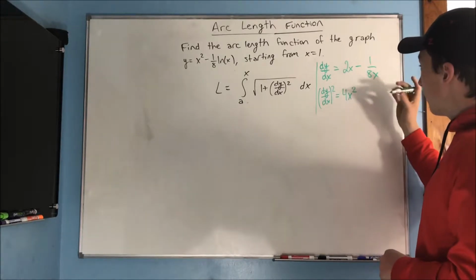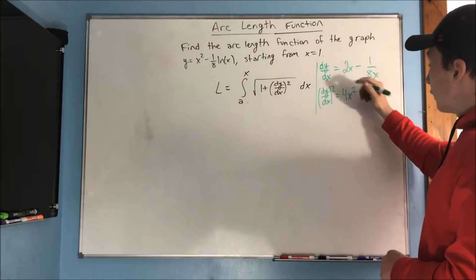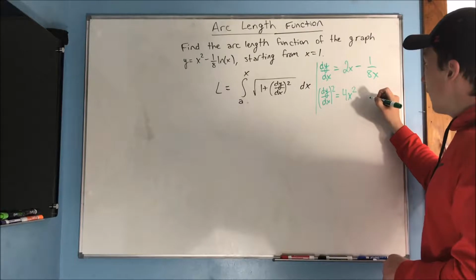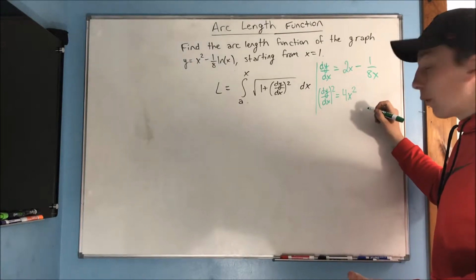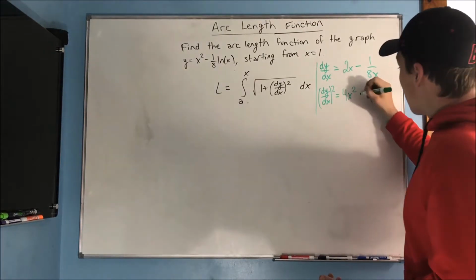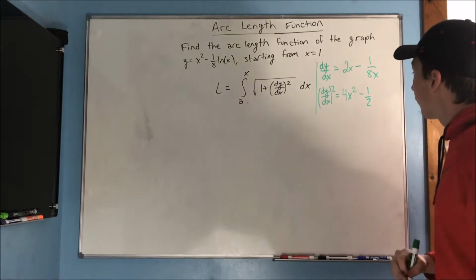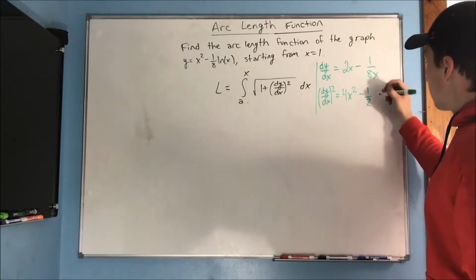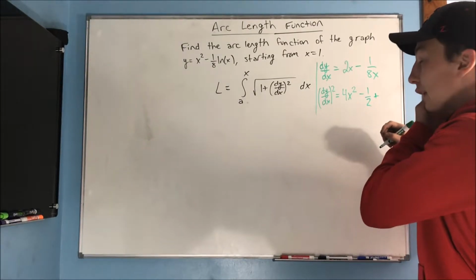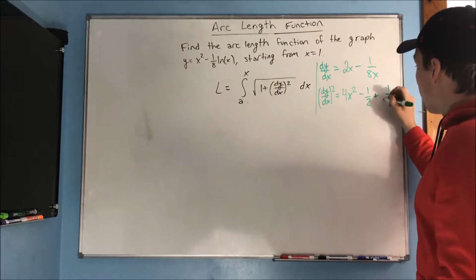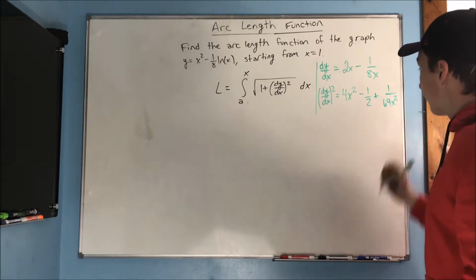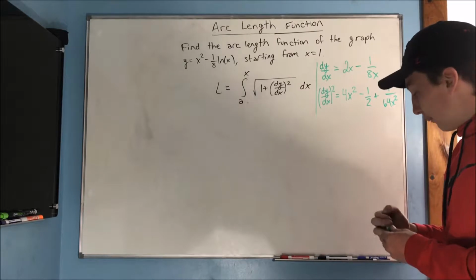If we multiply these two things, well, 2x over 8x, that's just going to be 1 over 4. So you have two of those, it's going to be minus 1/2. And this 1 over 8x, that's going to be squared, so it's going to give us 1 over 64x squared. So now we know our dy dx squared.